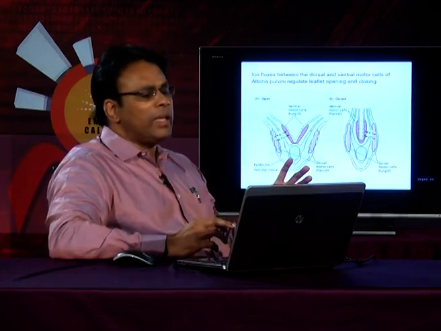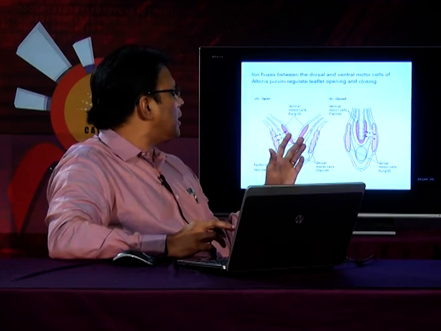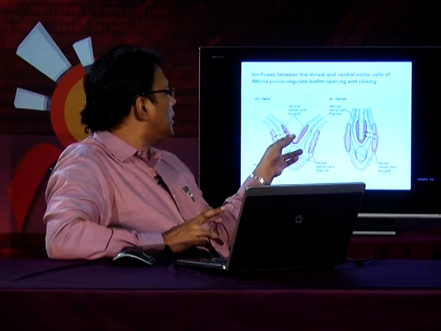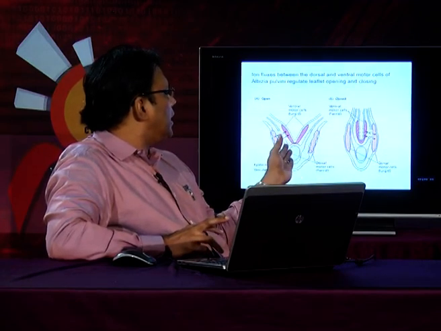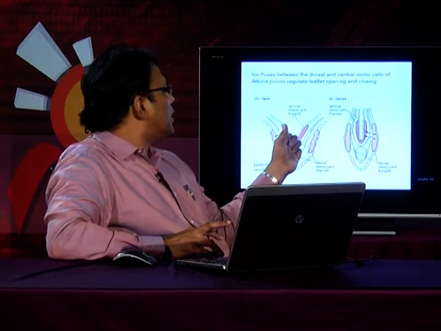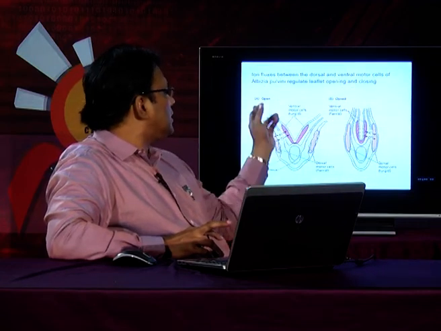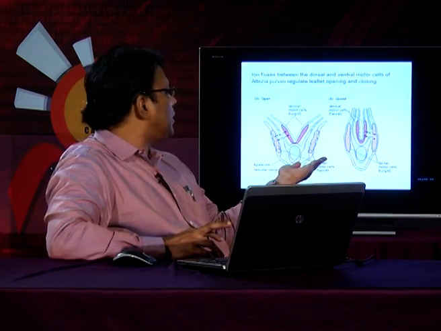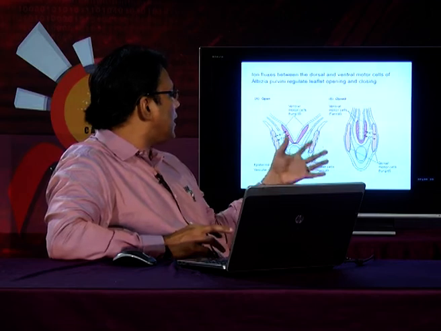What exactly happens? What is the physiological mechanism behind the opening and closing of the leaves? Here it is very clearly depicted that at the base, at the petiolar region of the leaves, you have motor cells which are turgid. This is at the open stage. And at the lower portion, the dorsal cells, we have motor cells which are flaccid.